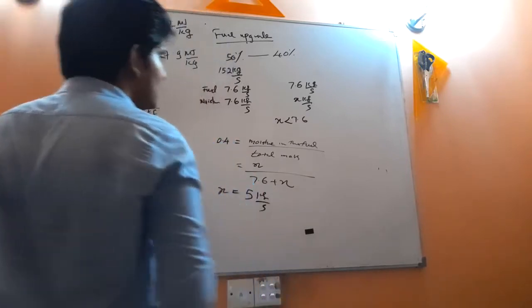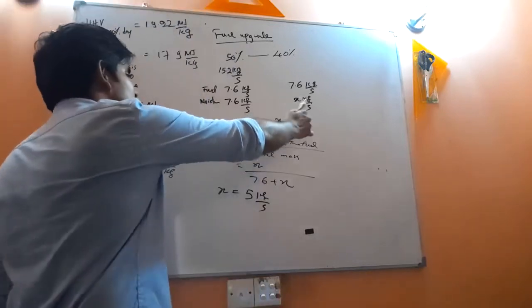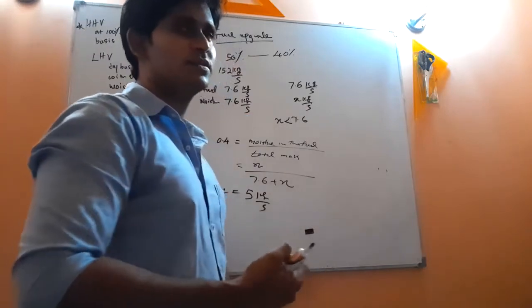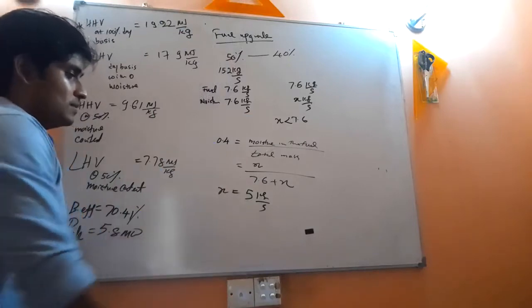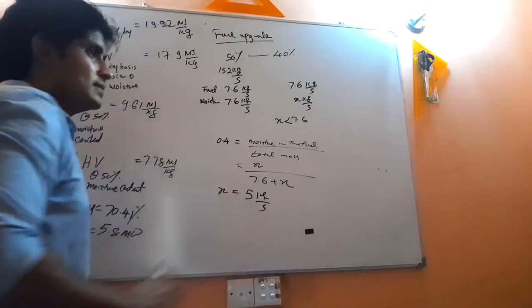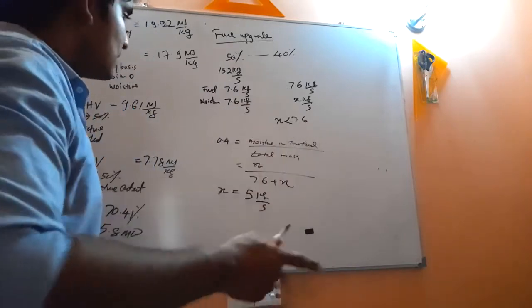Now it is very clear, as I told you previously, this X must be lesser than 7.6 because the moisture content must get reduced, because fuel upgrade is there. So now you know the moisture content is 5. Then what is the total mass of the fuel package?